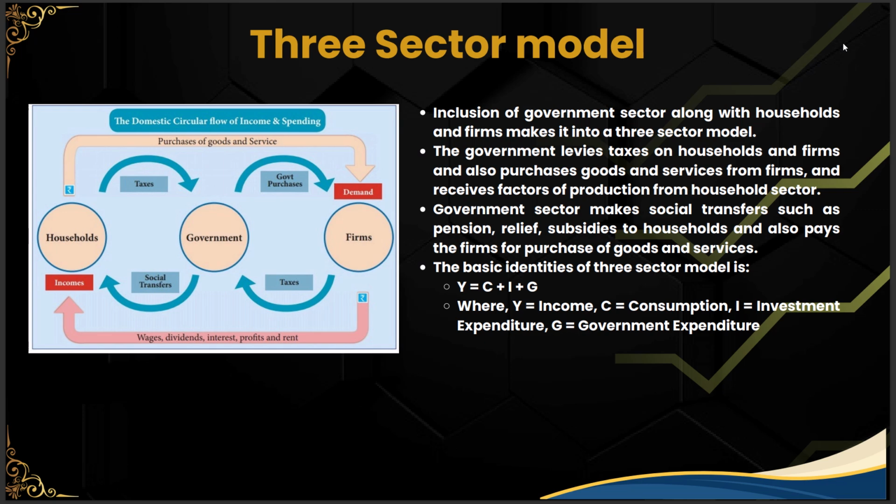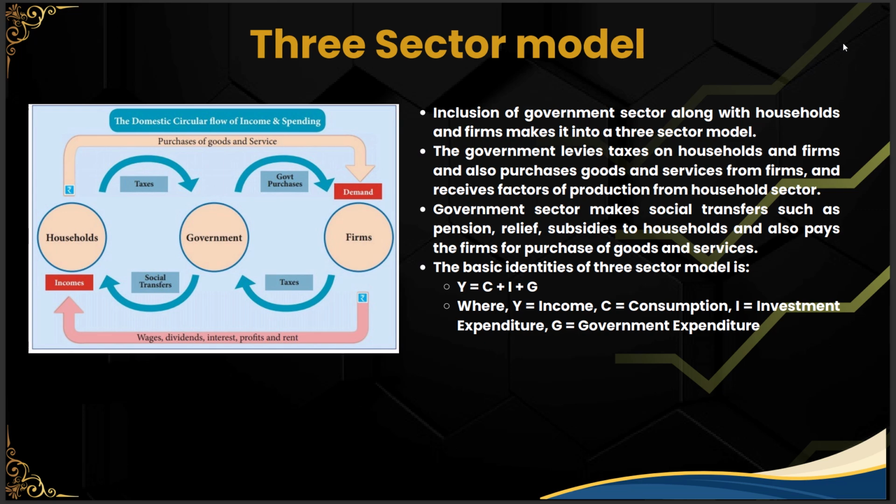Households pay taxes to the government and firms pay taxes to the government. The government again purchases from the firms, and in turn makes social transfers to households, like people below the poverty line.